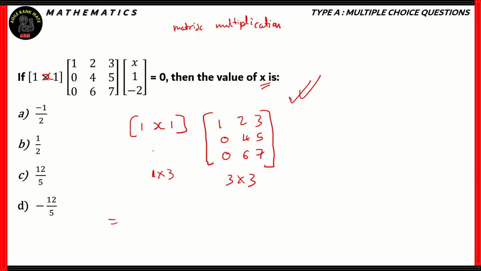So when we multiply these two matrices, we would need to multiply the first element here with the first element of the row, then add that with the second element of the first one multiplied by this one, and so on.